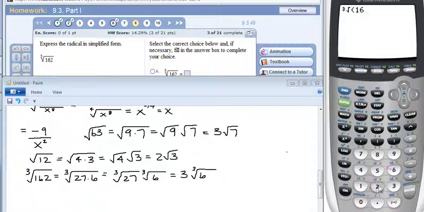We can see what kind of a decimal we get on that. And now we want to do 3 times the cube root of 6 and see if that's the same. It better be, otherwise we've done something incorrectly. But it's exactly the same decimal, so we're good to go. There is no perfect cube still sitting within a 6, so we're finished.